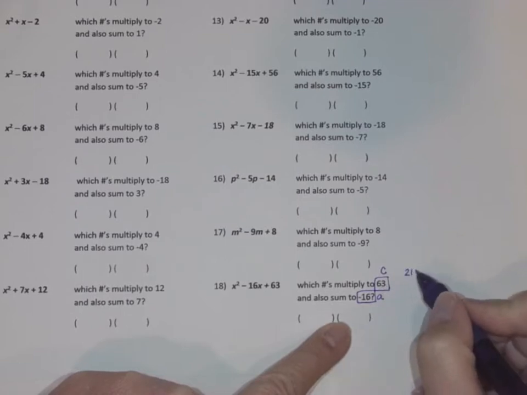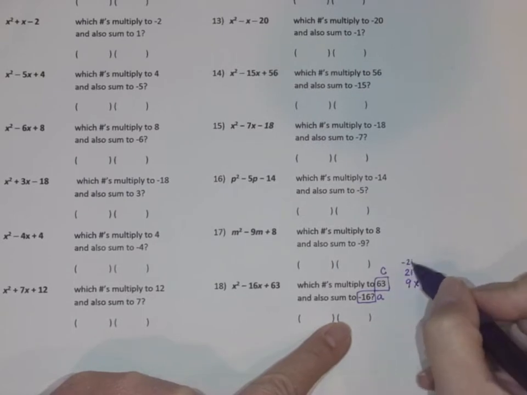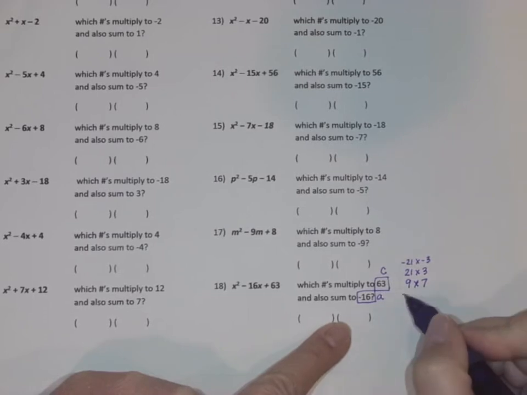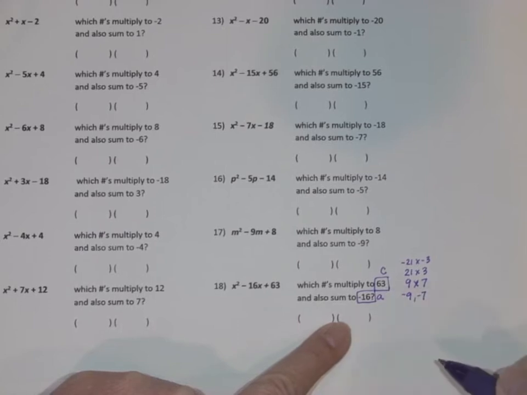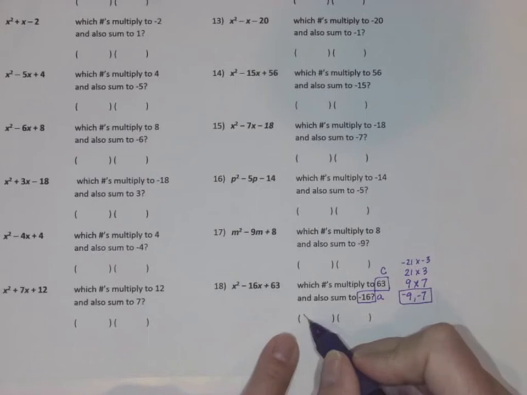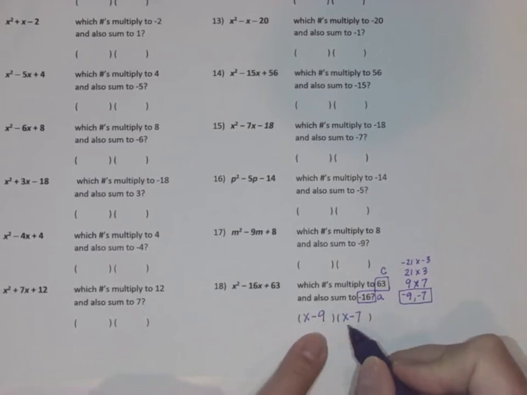I think 21 times 3, 9 times 7, and then of course -21 times -3 would give us positive 63, and -9 times -7 would also give us positive 63. And it happens that these two, when we add them together, would give us -16. Okay, so our final answer for our two factors is going to be x minus 9 and x minus 7.